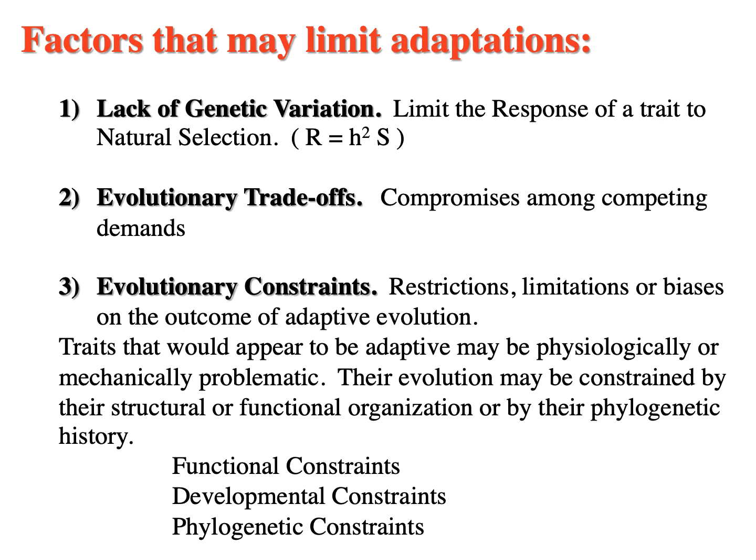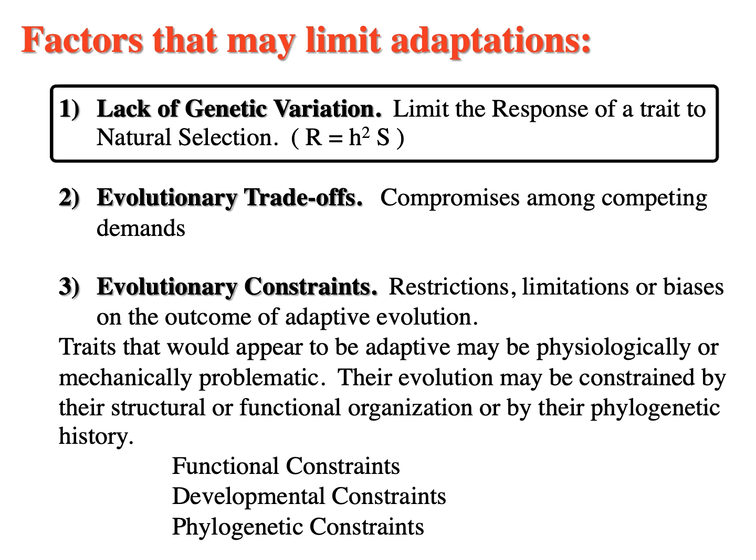So there are some factors that limit adaptation, and one is the lack of genetic variation. So if we look at this equation, R equals H squared S, that is, the response to natural selection is related to H squared, which is essentially the heritability of a particular trait, times S, which is whether there's selection acting on it or not.